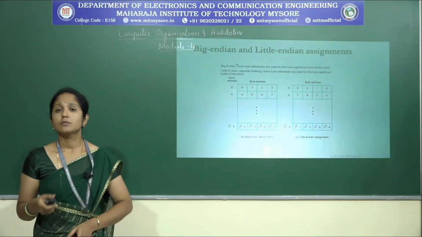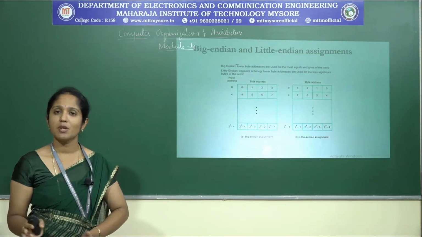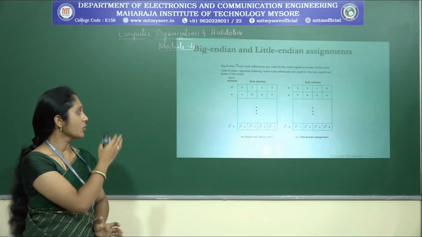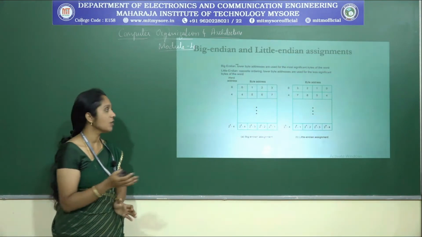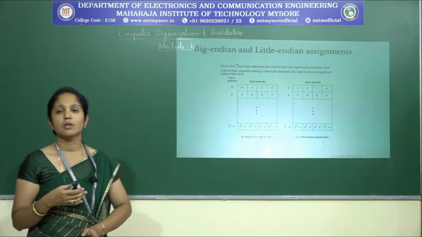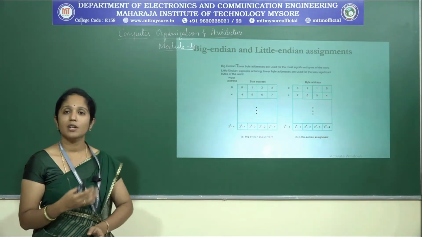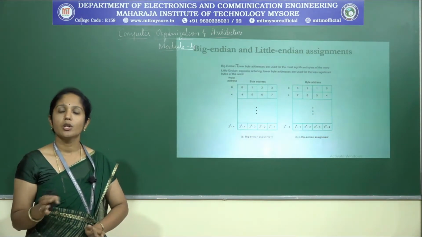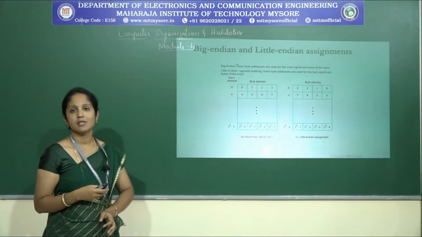There is no difference in the memory structure; the memory structure remains the same, and in any memory structure we can have either of the two. As I gave an example, Intel makes use of little endian assignment, whereas the 68000 series processors make use of big endian assignment, and ARM processors or controllers can be configured to use either of the two. So this is about the assignment schemes.